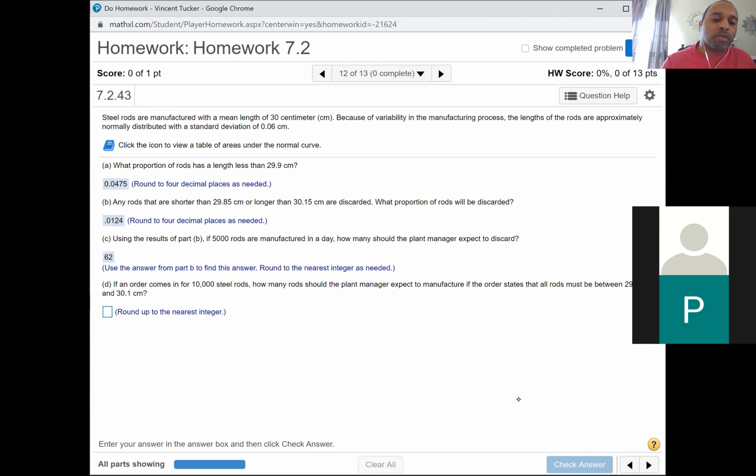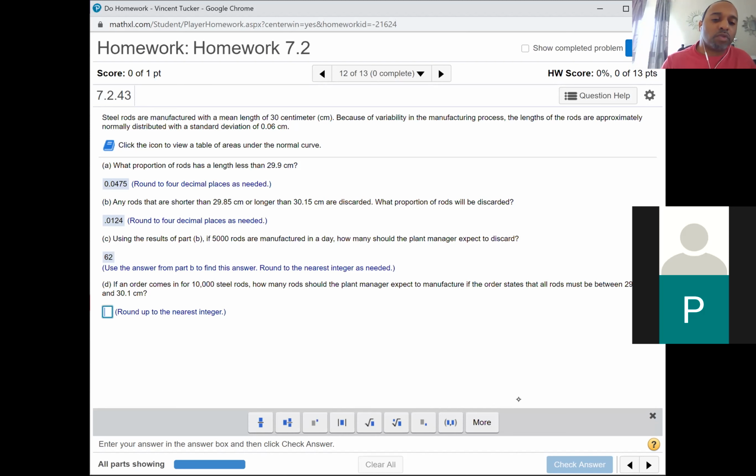Well, for my answer, I got 11,050. Okay. Let's try what I'm thinking and see if that gives us our answer. I have different numbers than the ones in the problem. Mine is 26.9 and 27.1.